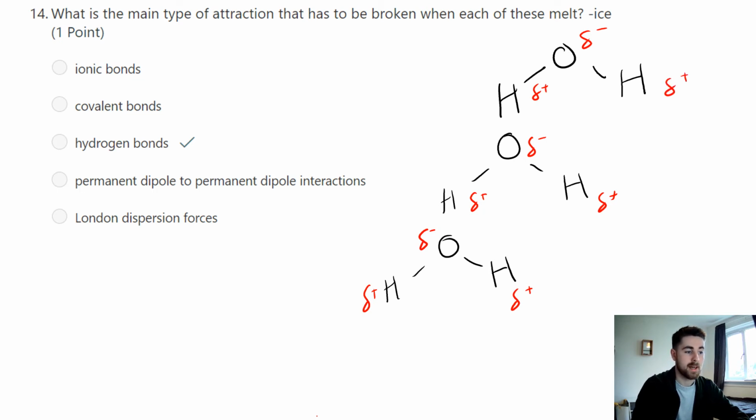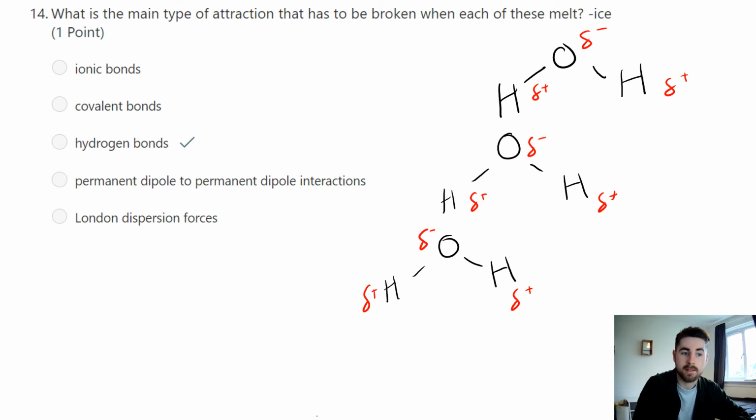So when we take ice and we melt it, the water molecules are being moved further apart, and they're moved further apart because the intermolecular bonds between water molecules are being broken. Covalent bonds aren't being broken. Water molecules stay intact, whether they're in ice, water vapour, or liquid water.